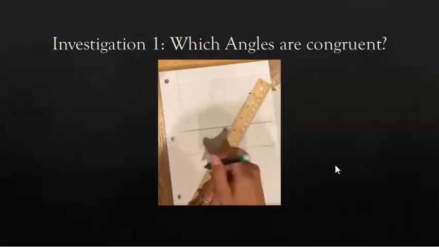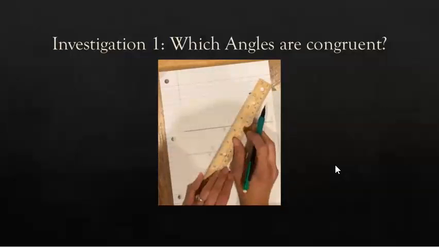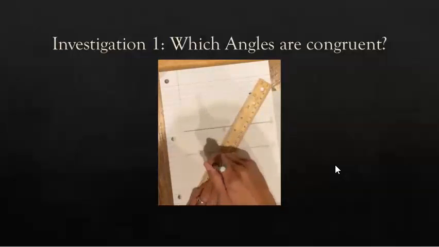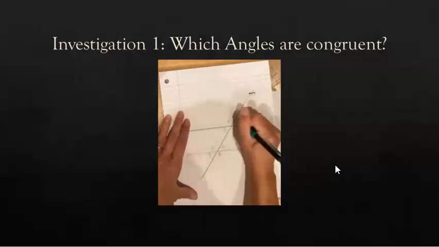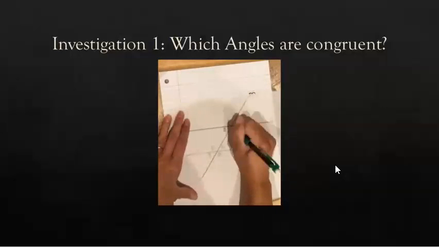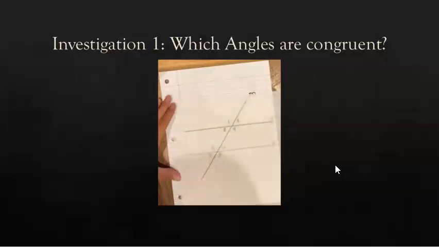Make sure you keep your tracing paper straight. If it moves a little bit after you draw a line, then just move it back so that it is exactly lined up. So what you're drawing on that tracing paper are angles that are exactly congruent because you trace them.